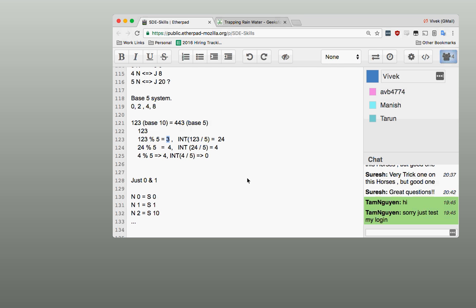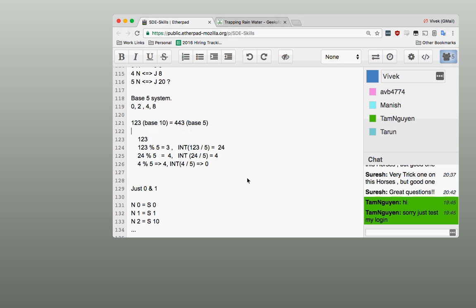Then you divide it by 5 to get a quotient, and the quotient is 24. Then you again divide by 5. Mod 5, divide by 5, you keep doing that, and you get 443 as the base 5. So 123 in base 10 is 443 in base 5. Make sense?